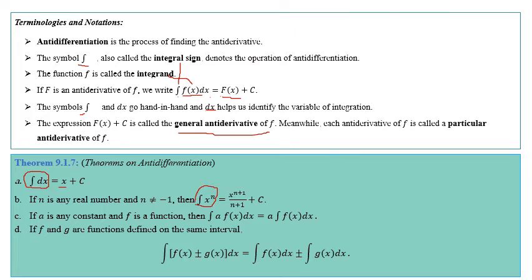For the third theorem, if a is any constant and f is a function, then the integral of a times f of x dx equals a times the integral of f of x dx. Sa ikatlong theorem, kapag may constant na nakakabit sa integrand, pwede siyang ilabas, tapos times the integral ng integrand.